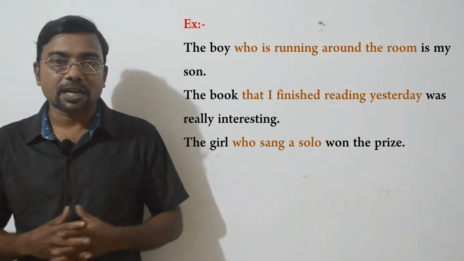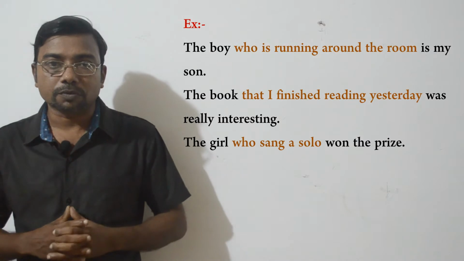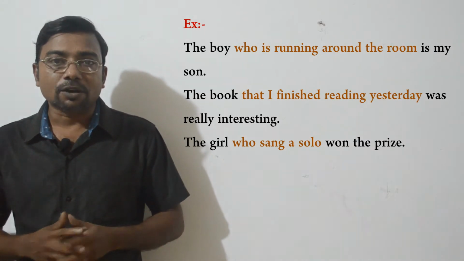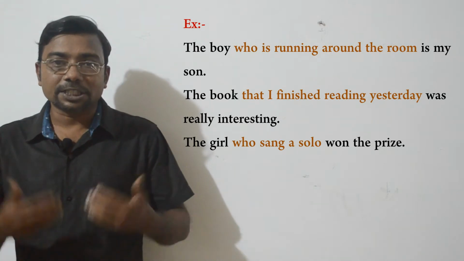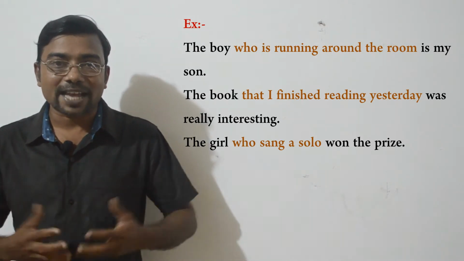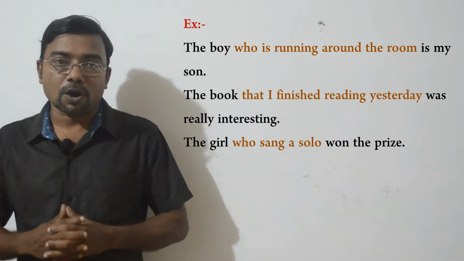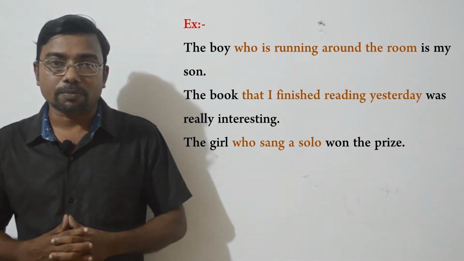We know a subject can be a noun or pronoun. Here the subject is who, running is the verb, so it includes a subject-verb combination, and this dependent clause functions as an adjective because we use it to describe the noun boy, giving extra information about the boy.